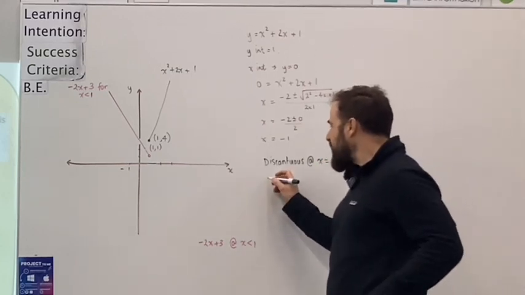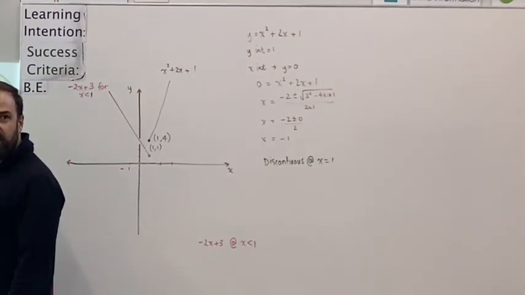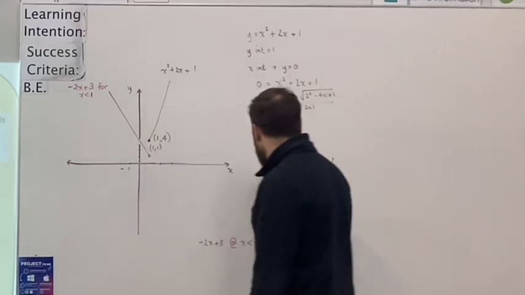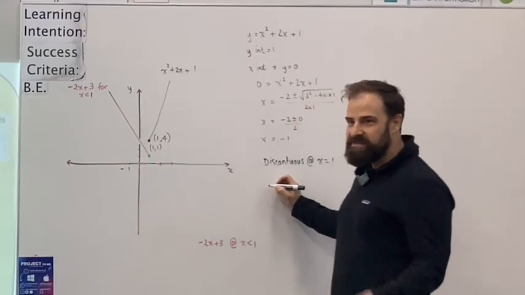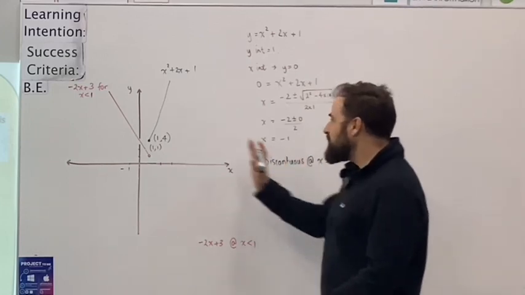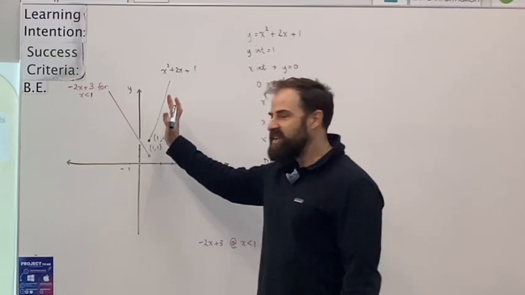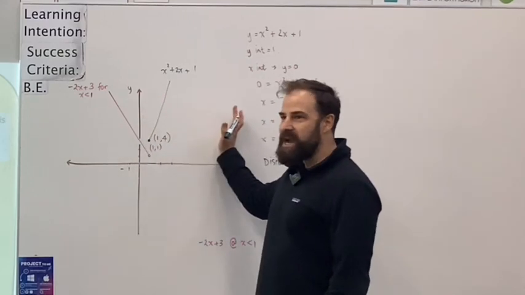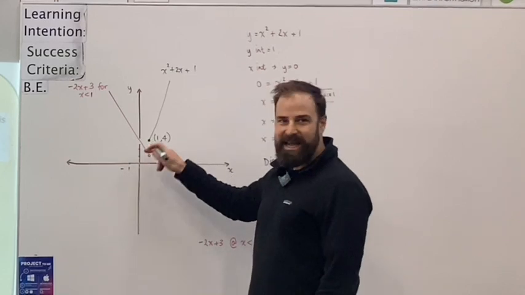So what I'm going to do now, state the values for which the derivative is defined. So the derivative is defined for everything that is less than 1 and the derivative is defined for everything that is greater than 1, but the derivative is not defined at x equals 1.